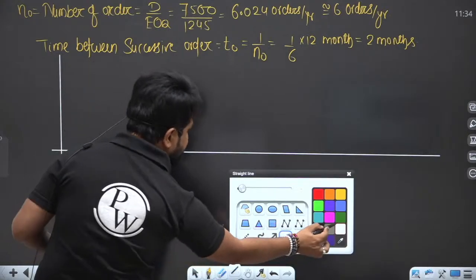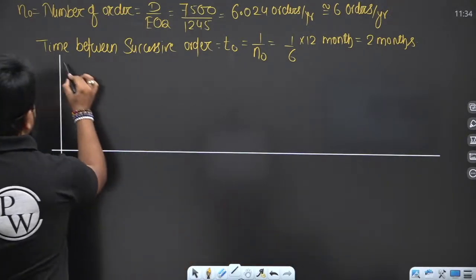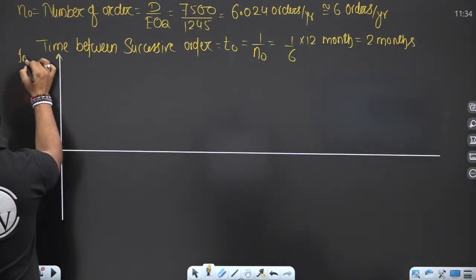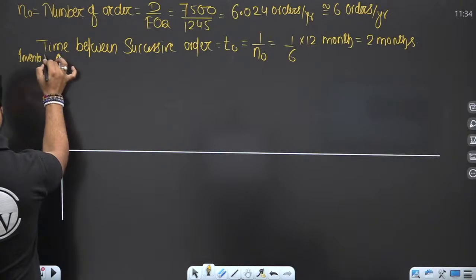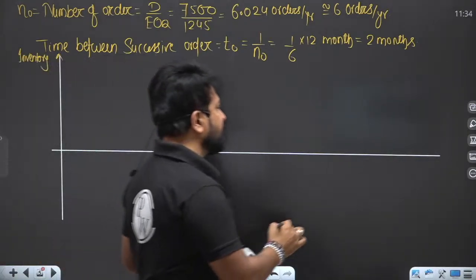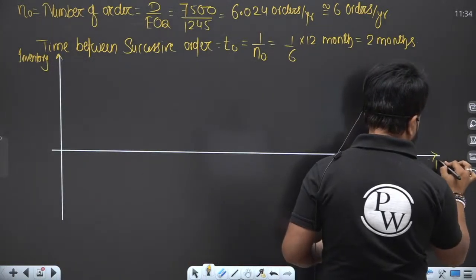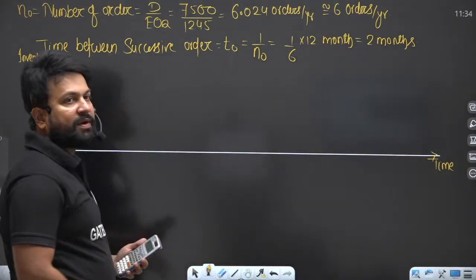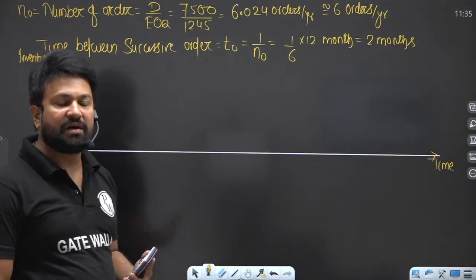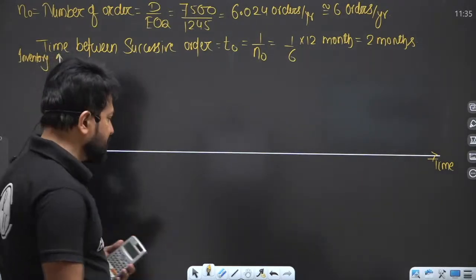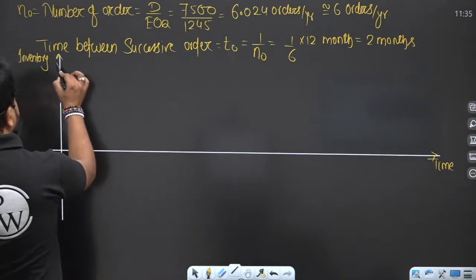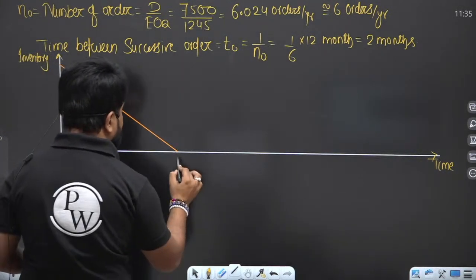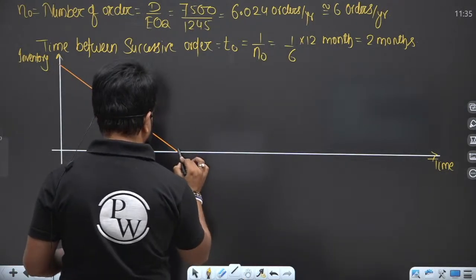This is inventory, this is time, and this is the model of economic order quantity with no discount and no shortage.